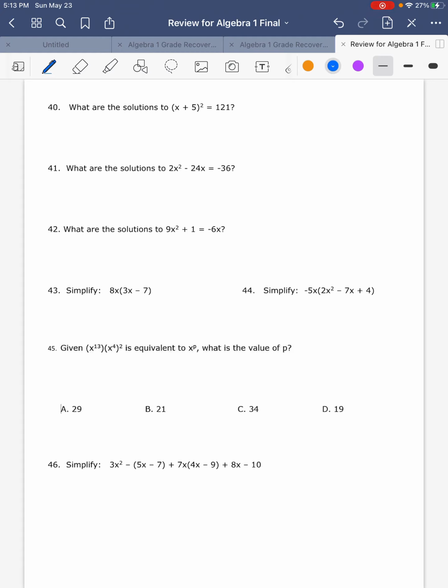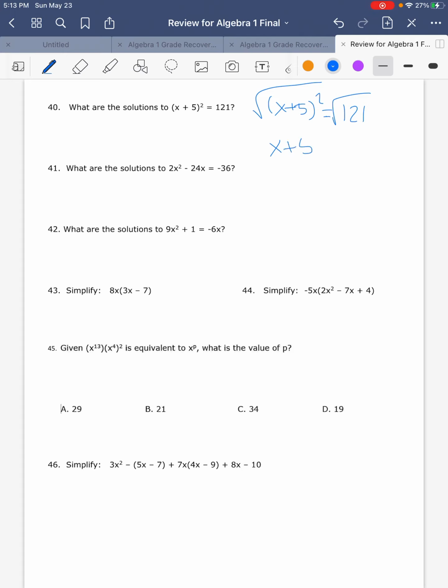All right, 40, we have what are the solutions to x plus 5 squared equals 121. We never actually learned this, but it's pretty easy. So if I have x plus 5 squared equals 121, to get rid of our squared, we have to square root both sides.